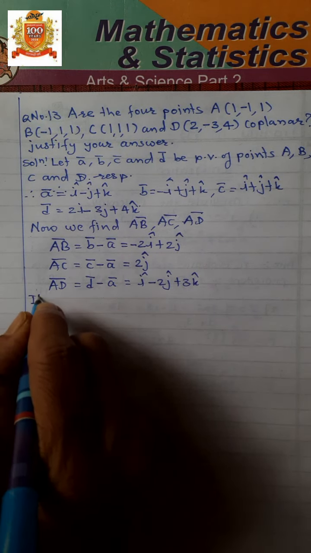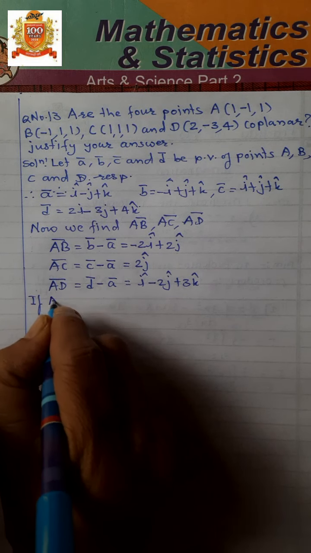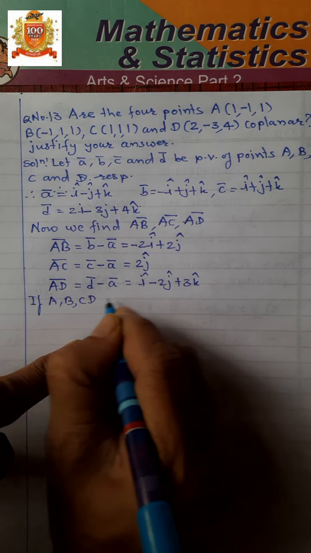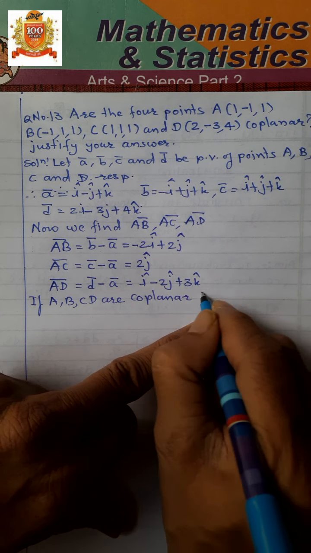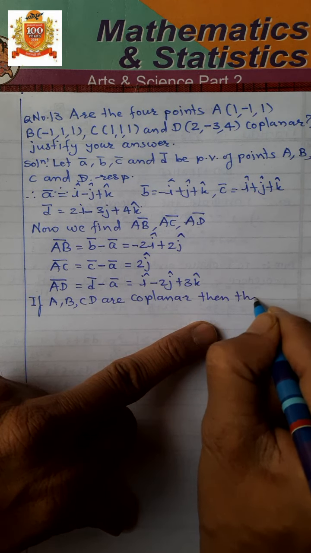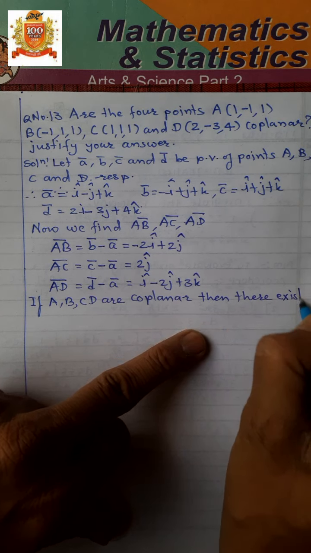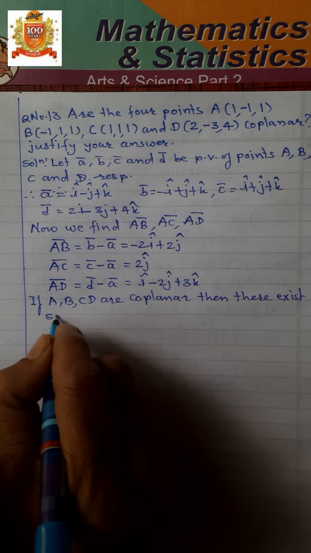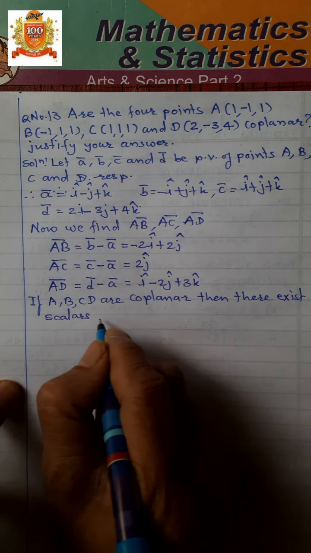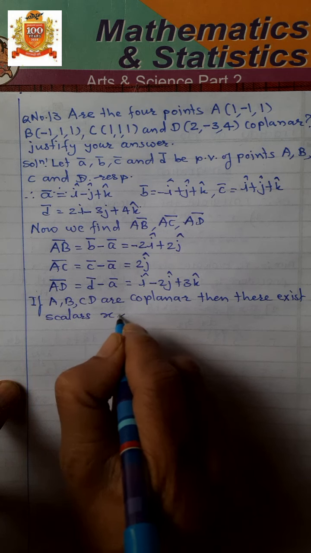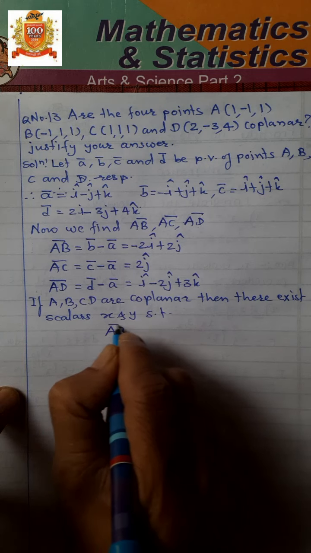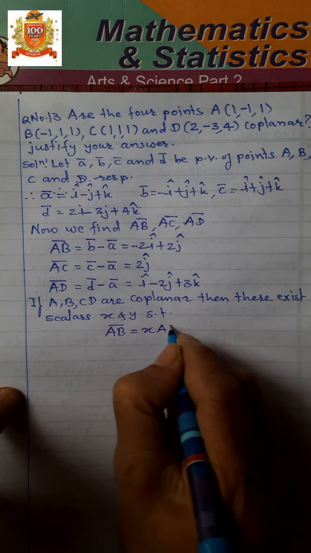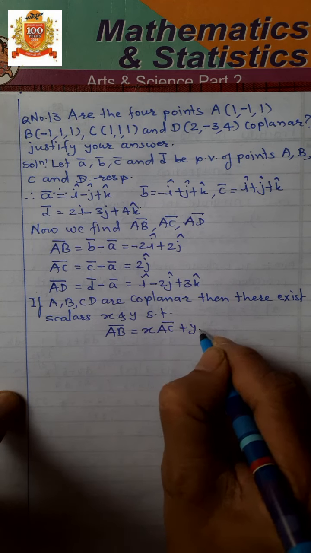If A, B, C, D are coplanar, then there exist scalars x and y such that AB bar is equal to x into AC bar plus y into AD bar.